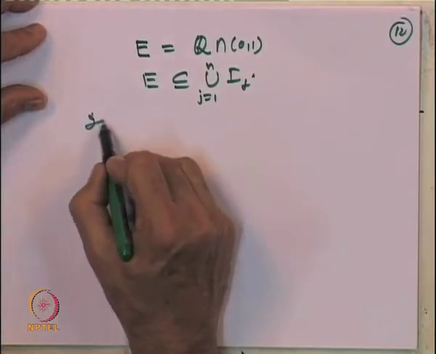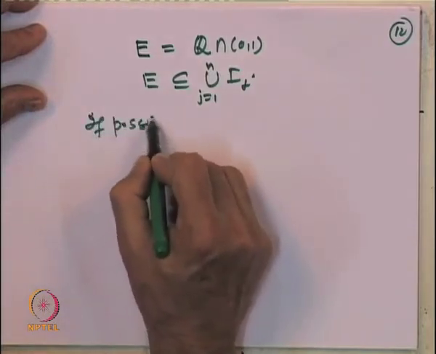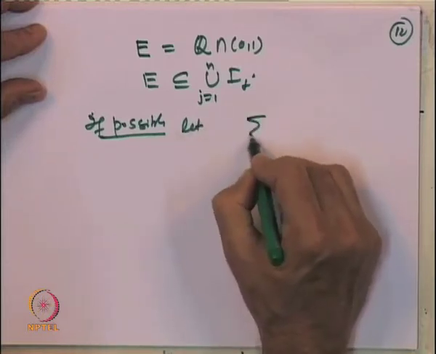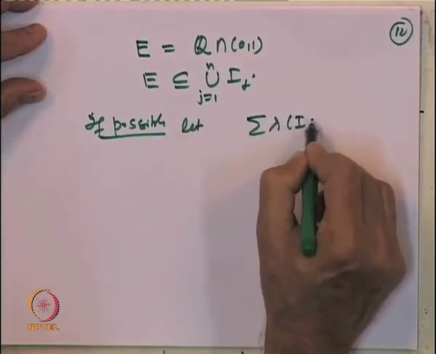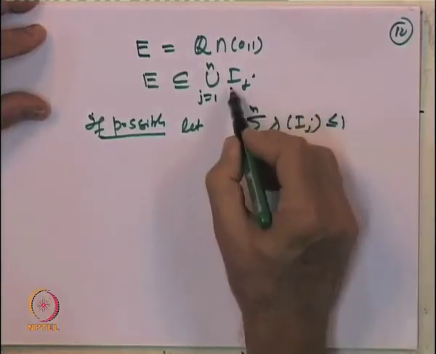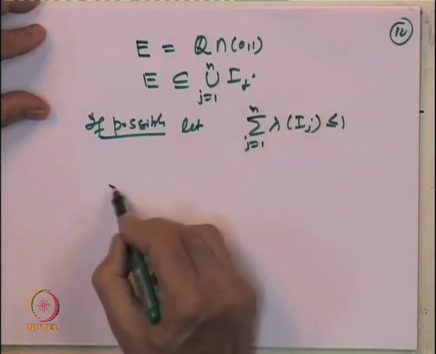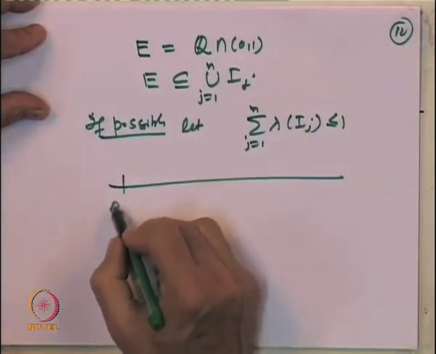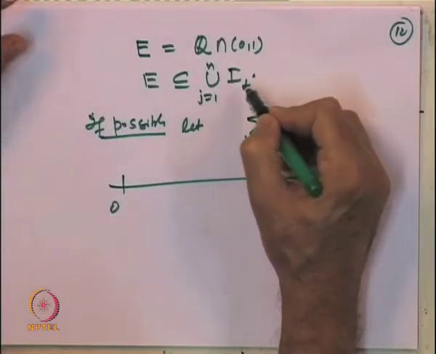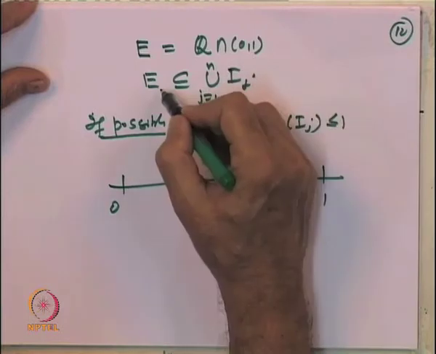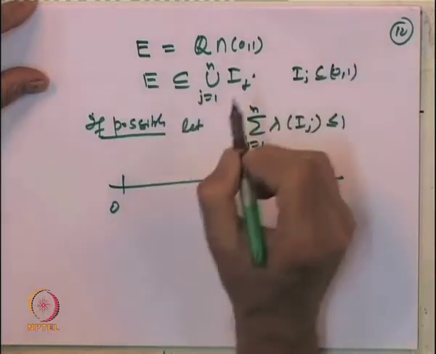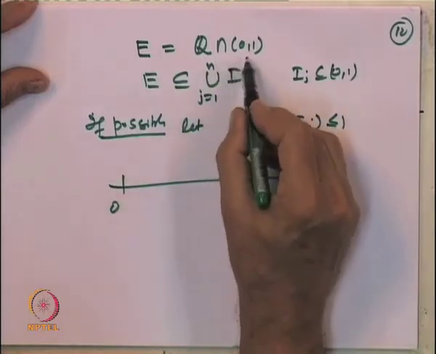If possible, let the sum of lambda of I j, j equal to 1 to n, be less than or equal to 1. Now, this is a finite collection; here is 0, here is 1, and the I j's are intervals in [0, 1] which are covering the set E, which is the rationals in [0, 1].